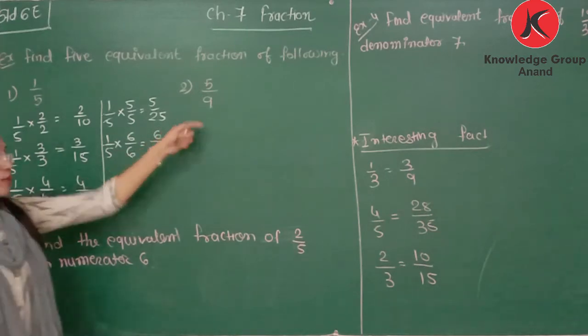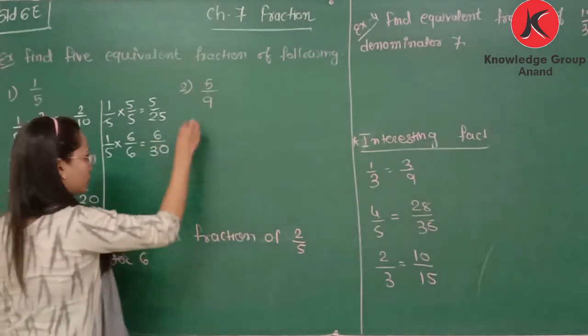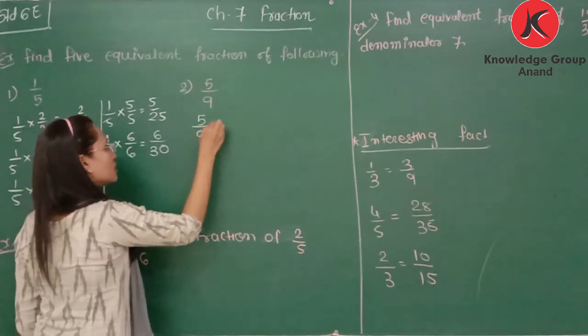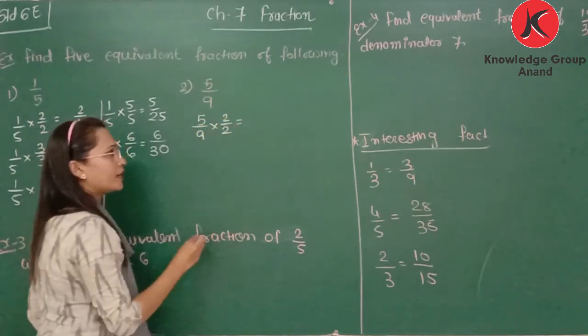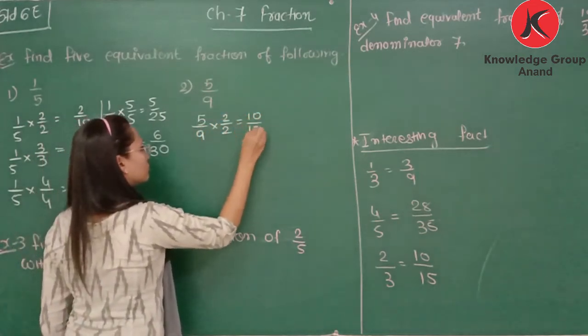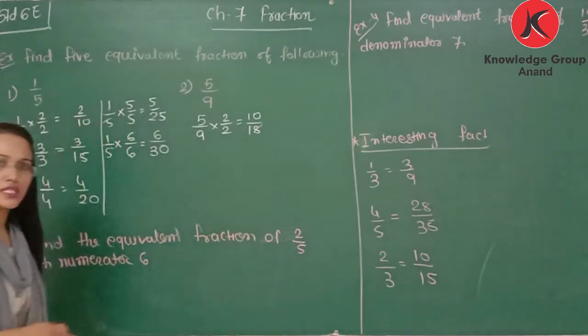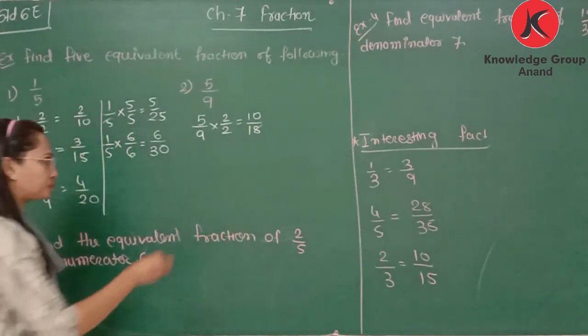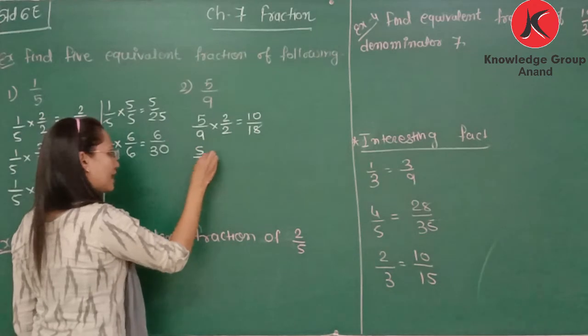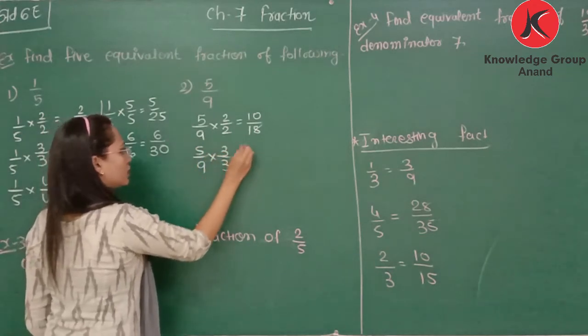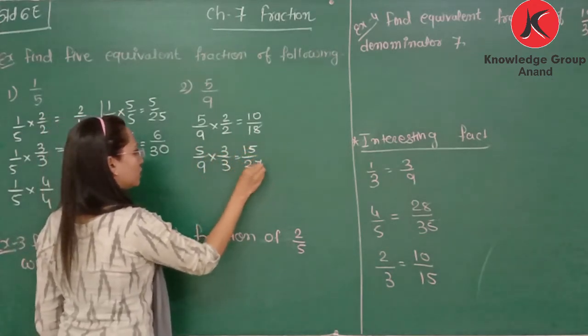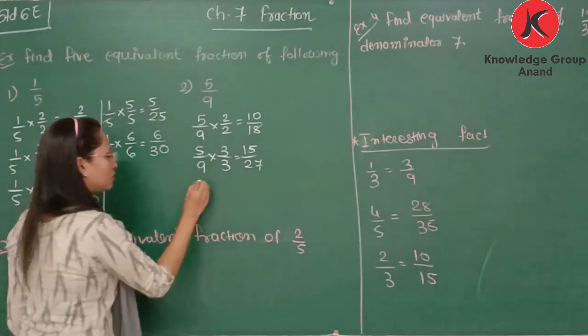Clear? Now next example, 5 by 9. So 5 by 9 is multiplied with 2 in the numerator and denominator. It is easy to take the smallest number in multiplication because it takes less time. 3 5s are 15, 9 3s are 27.